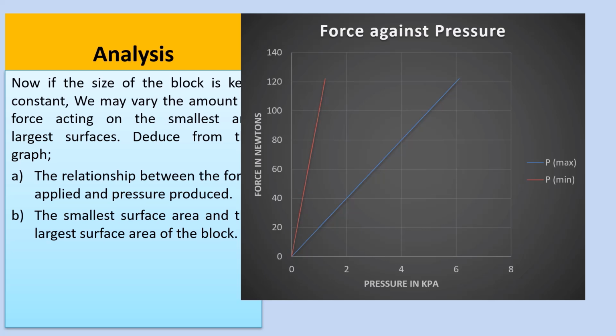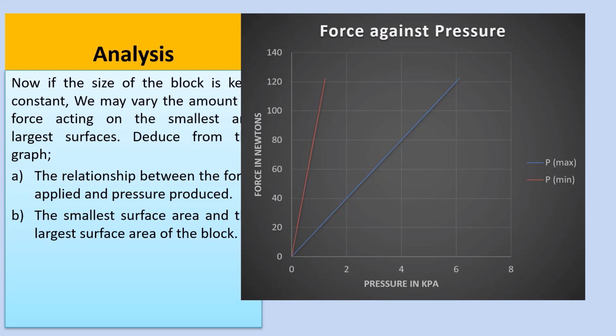So which one has a larger slope? That is so because the larger the slope, we expect the larger the surface area, and the smaller the slope, the smaller the surface area. Essentially the red line should give us a higher gradient because the line is steeper. It has a larger slope, and therefore we expect it to have a larger surface area.